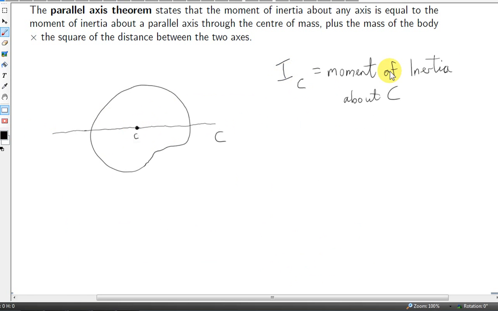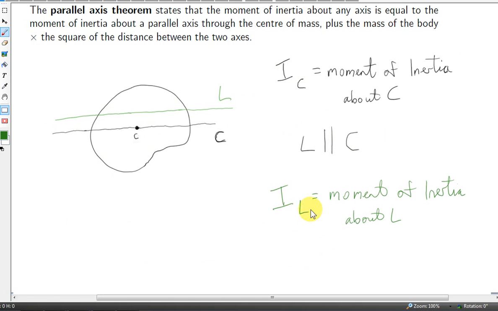Let big I sub c be the moment of inertia of the body about this axis, big C. Let's consider another axis L, where L is parallel to C. Big I sub L is the moment of inertia of the body about this new axis L. The parallel axis theorem tells us that the moment of inertia of the body about any axis, well, let's say about axis L, is equal to the moment of inertia about a parallel axis through the center of mass, plus the mass of the body times the square of the distance between the two axes.